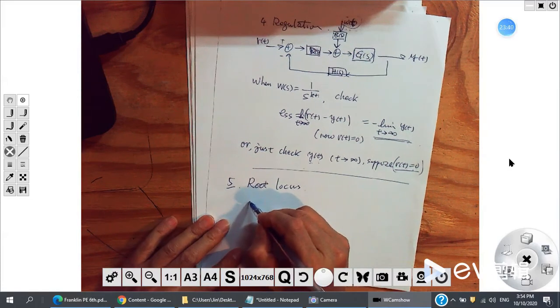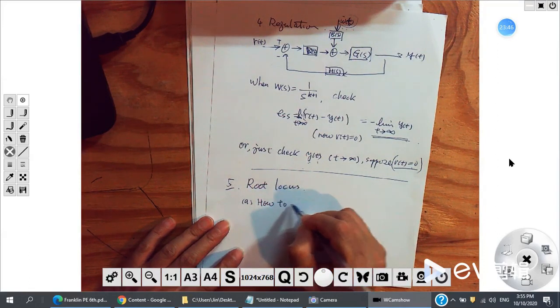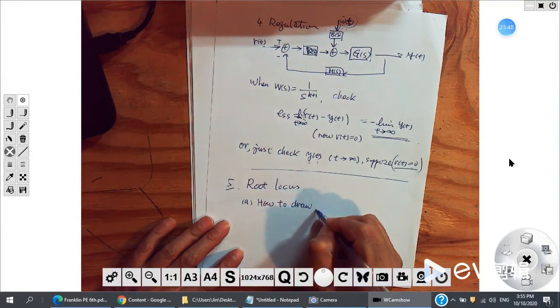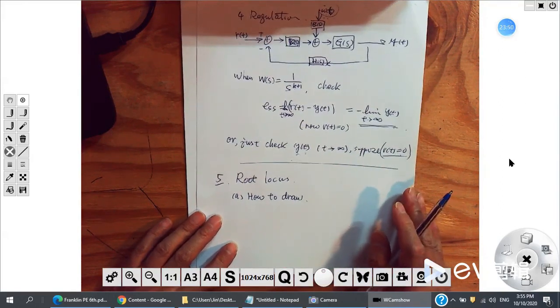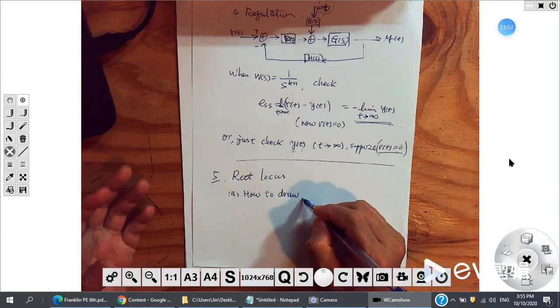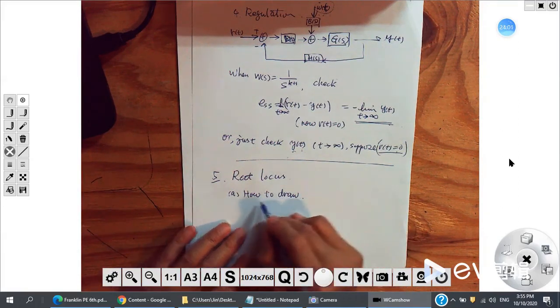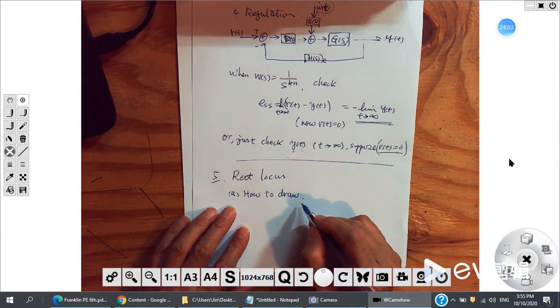The first one, you should know how to draw this one. Actually you can use a computer, like MATLAB, but before you apply it, you need to rewrite the system in terms of the form. You can use the computer, use MATLAB.